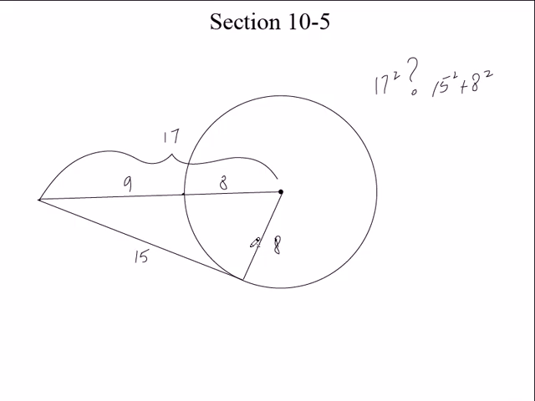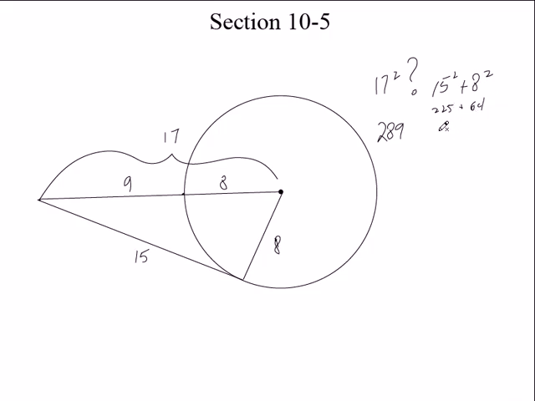They're not saying, okay, it's tangent, what is the hypotenuse, or what is this length. They're saying, here's all the stuff that we know, tell me if that's tangent or not. Well, if it's tangent, this thing must work right here, okay? So that comes out to 289, I believe, right? And this is 225, and that's 64.